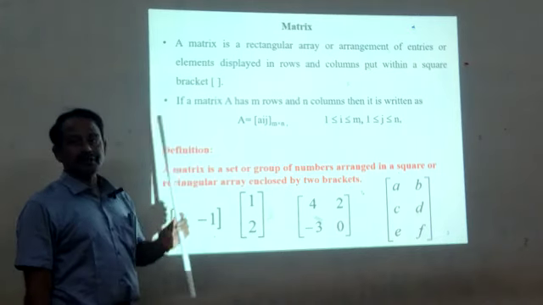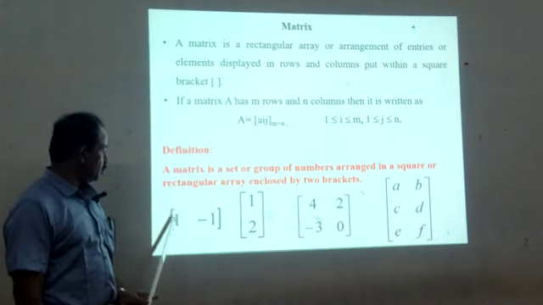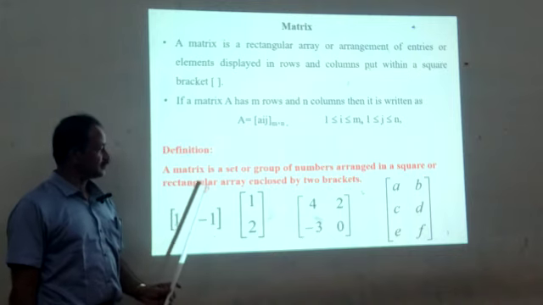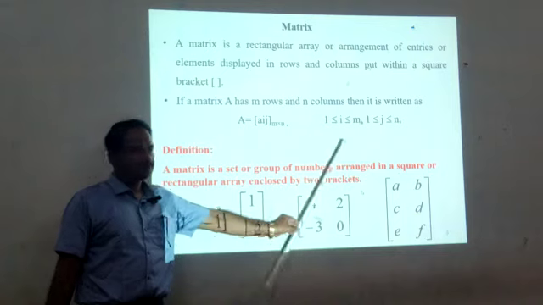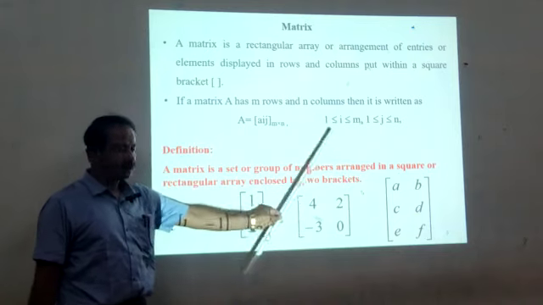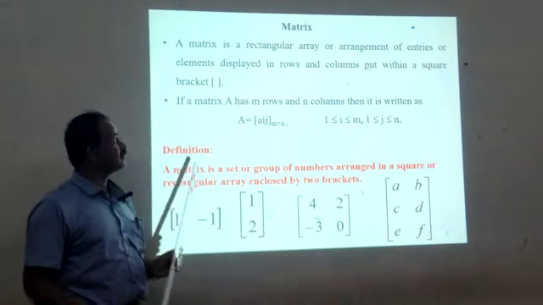And we have rows and columns. So for example, when you take a matrix, this is your row and this will be your column.